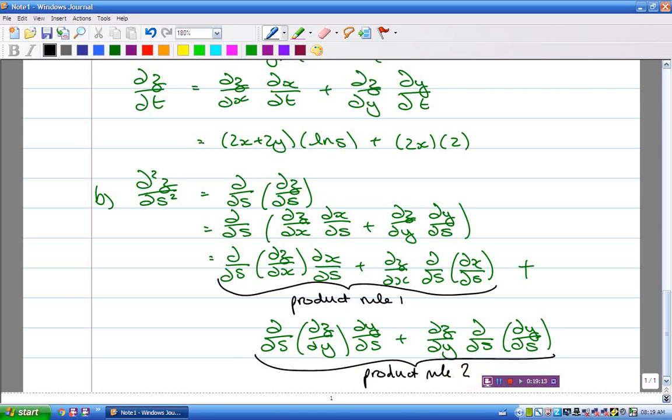So basically what I'm doing for each of those terms is I have a d by ds of triangle times square. Just let me demonstrate, replace them with symbols. And so product rule says I'm going to have a d by ds of triangle, and the square comes along for the ride, plus I'm going to have the triangle just coming along for the ride, d by ds of square.